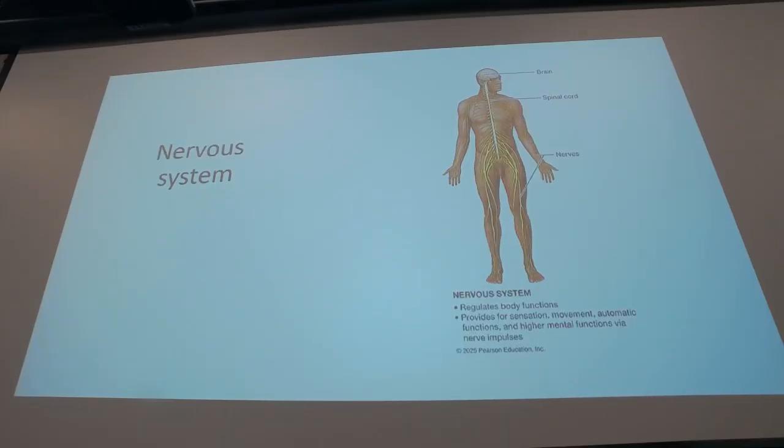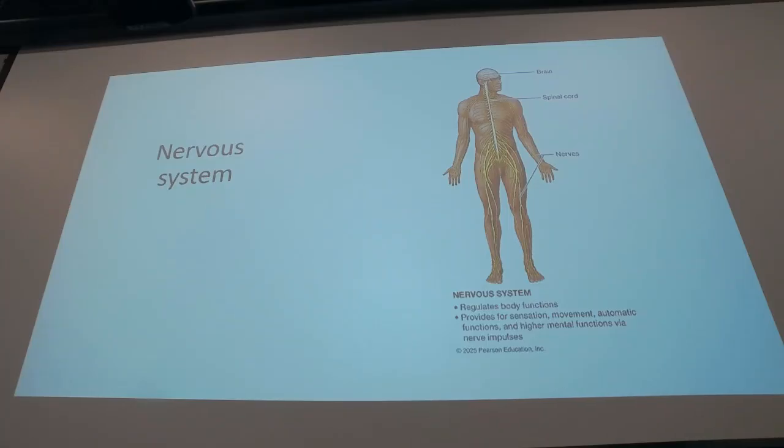Nervous system regulates body functions, responds to stimuli, provides sensation, movement, and automatic functions, like our heart is contracting and we don't know, but it's contracting. It's under involuntary control.